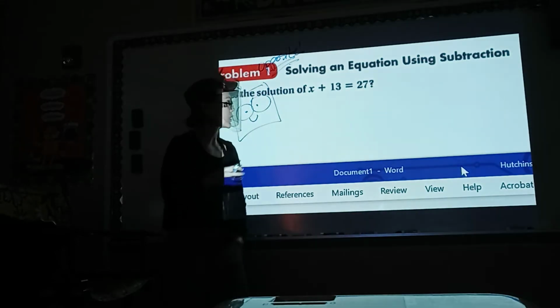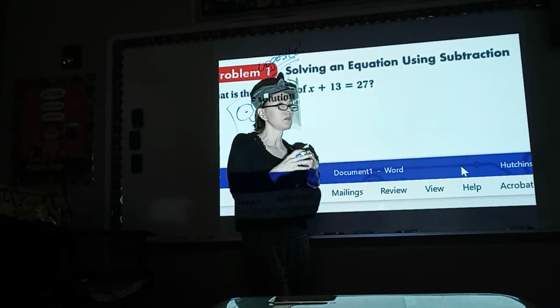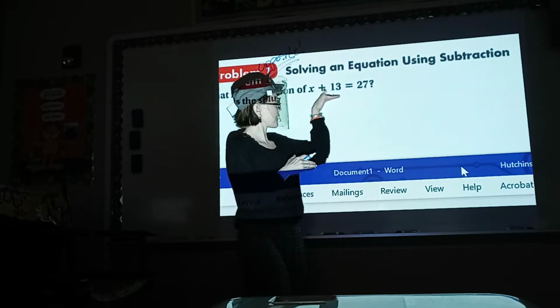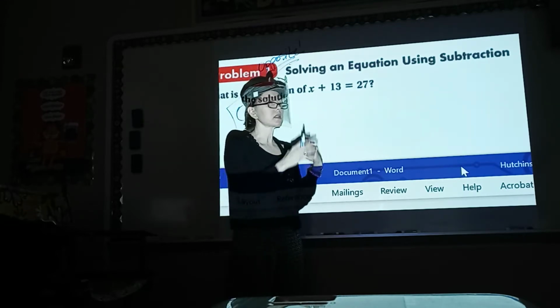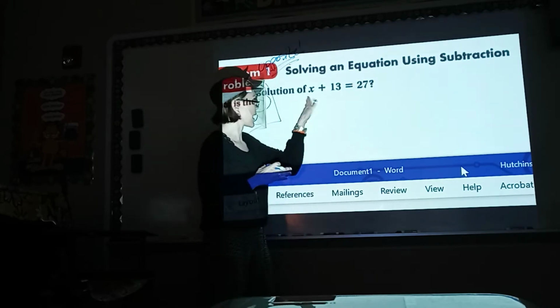Now, when I say get your variable all by itself, what I mean is you need to move whatever is on the same side of the equal sign that variable is on. We need to move it to the other side of the equal sign to get that X all by itself.